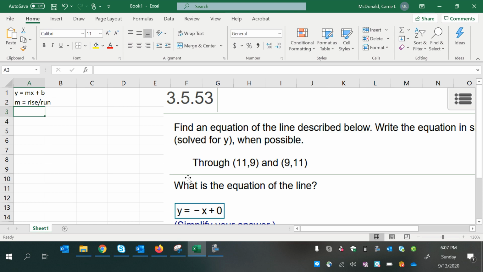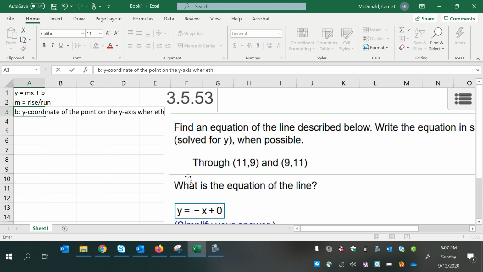And then we have the b, which is the y coordinate of the point on the y-axis where the line crosses.